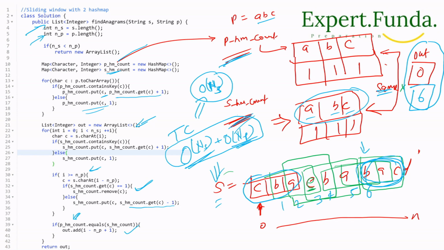And if we talk about the space, each time we take these two count maps, two maps here. Each count map will hold at most k elements, and k is a fixed size of 26 at maximum.